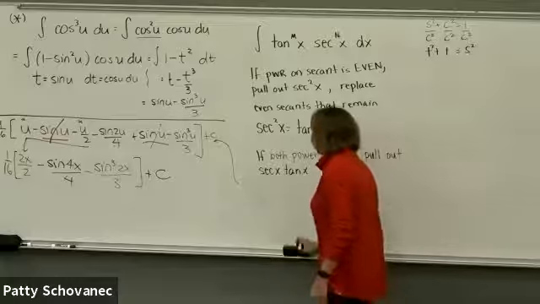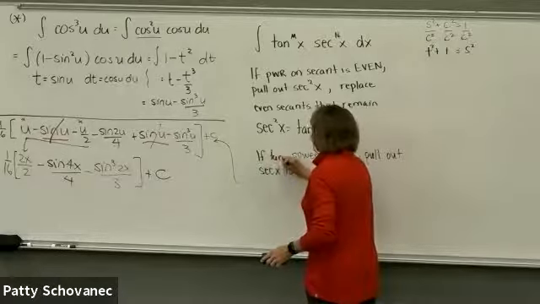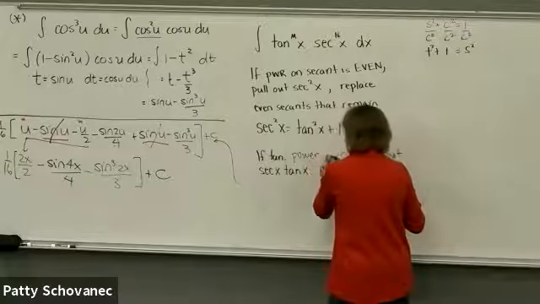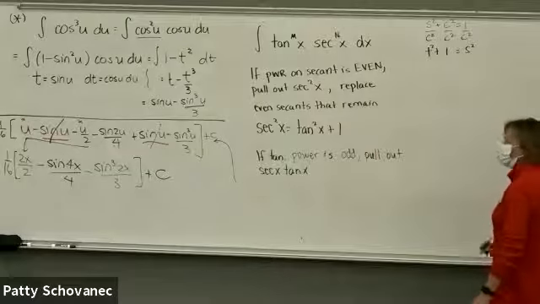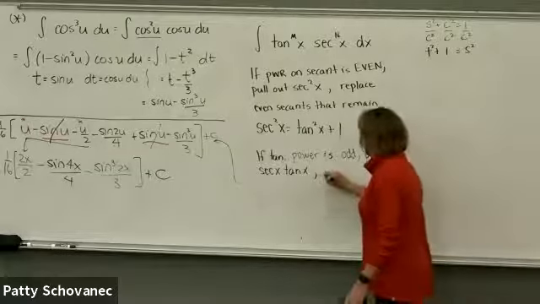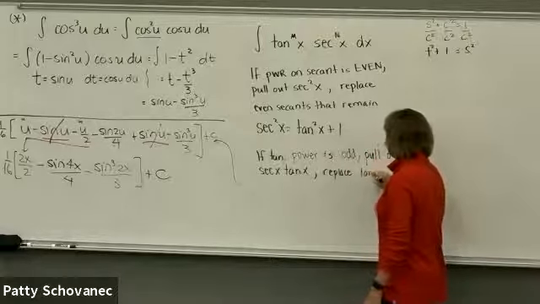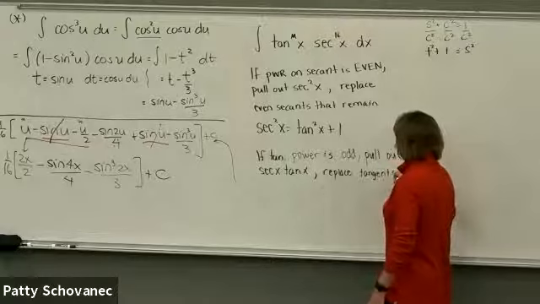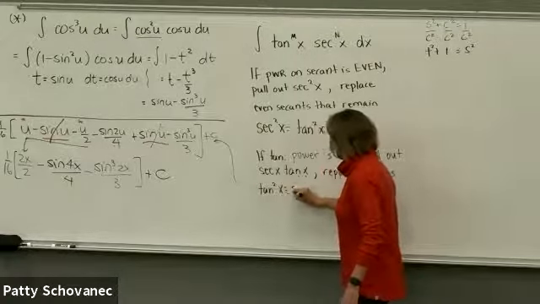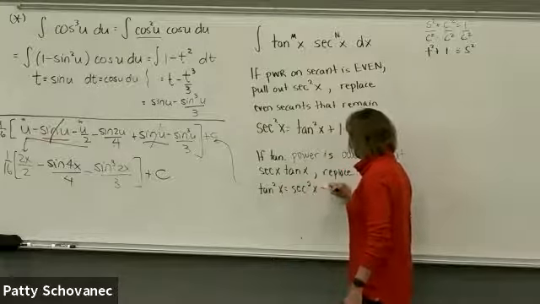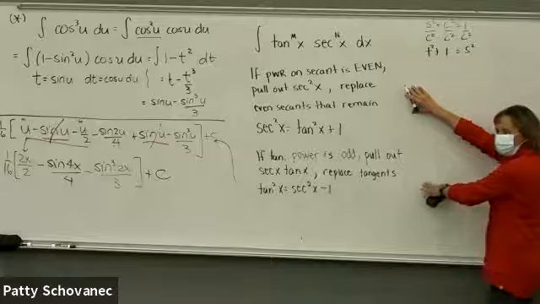So let's just say if the tangent power is odd. If the tangent power is odd, pull out a secant tangent and then replace the tangents that remain with tangent squared is equal to secant squared x minus 1. Then in either case, once you do that, you've got a u du integral.